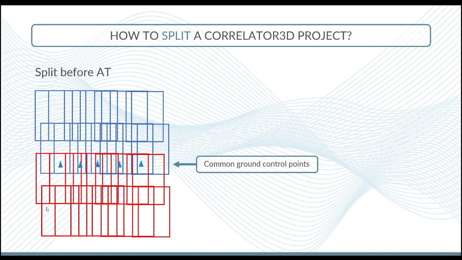In Correlator3D, you have this option to import and use a reference when it's time to run the bundle adjustment and the aerial triangulation. So the software will tie this block onto the reference coming from the first block.